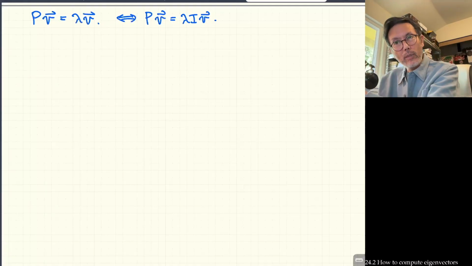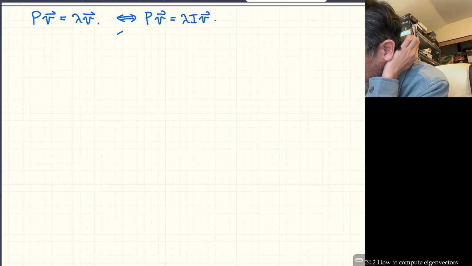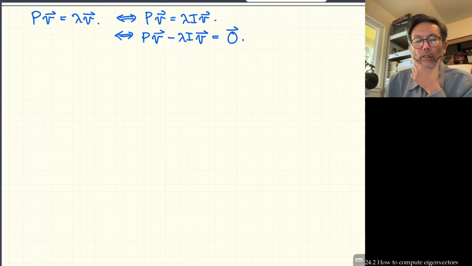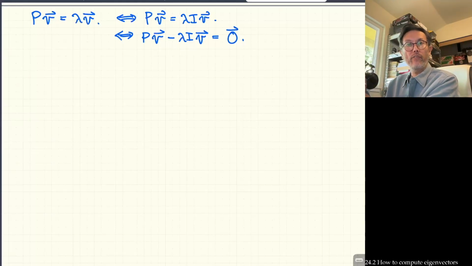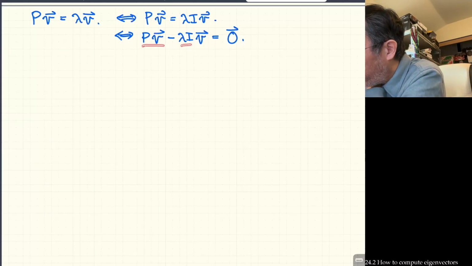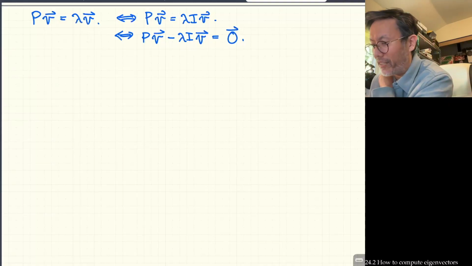Next, I'm going to subtract lambda IV from both sides of this equation. And what do I get on the other side? I get the 0 vector, of course. And then finally, I'm going to factor out the V. You see the V appears in both of these terms on the right-hand side, so I'm going to factor it out in the right direction.